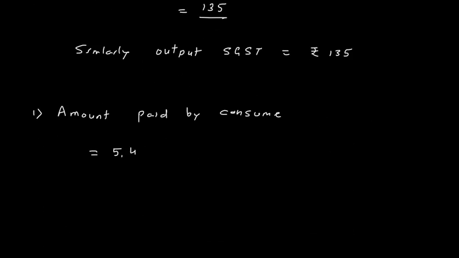Then 135 is SGST and 135 is CGST. This is what the consumer has to pay. Now 5 plus 5 is 10, 0, 1 carry, 3 plus 3 is 6, 1 is 7. Then 1 plus 1 is 2, 4 plus 2 is 6, and this is 5. So 5670. The amount paid by the consumer is 5670.